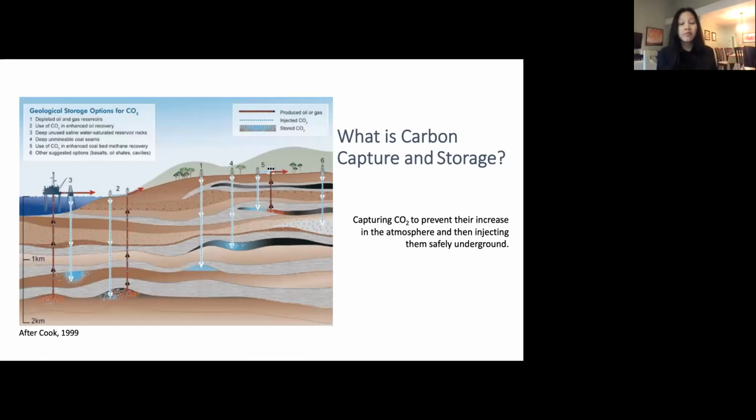From its name, the process starts from capturing the CO2, and it can come from lots of sources. It can be from electricity generation, whether from natural gas or coal. It can also be from the processing of biofuel, and from direct air capture.